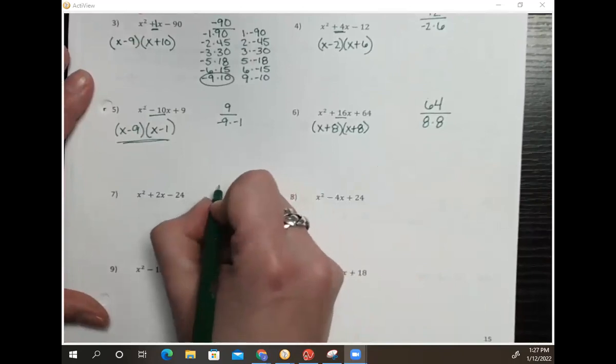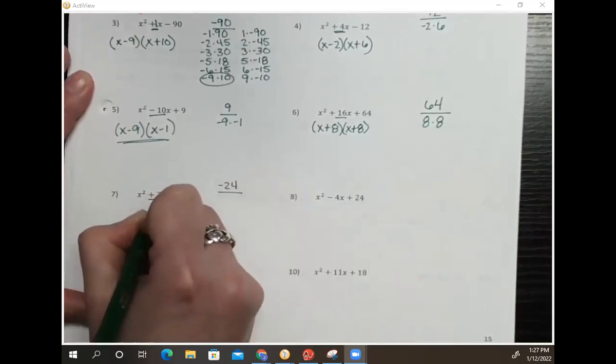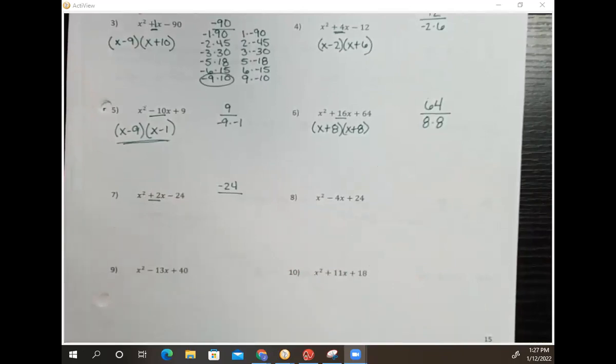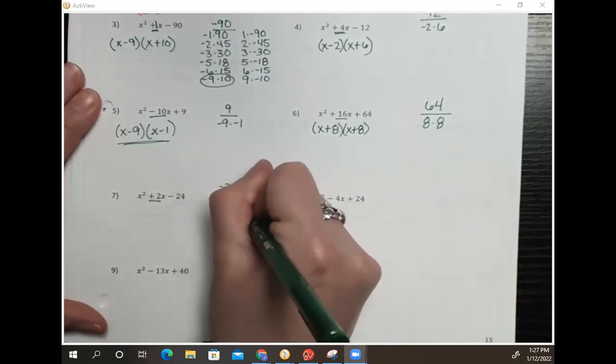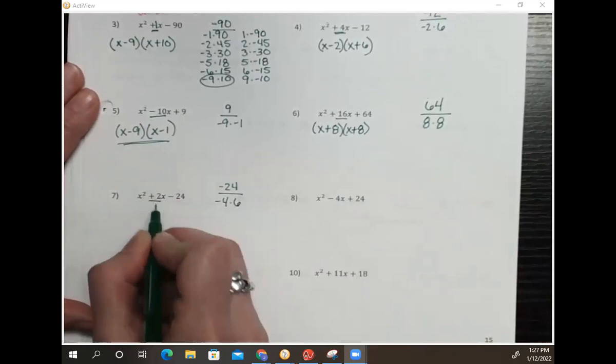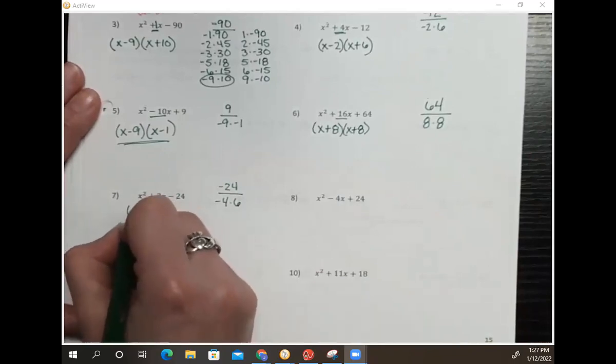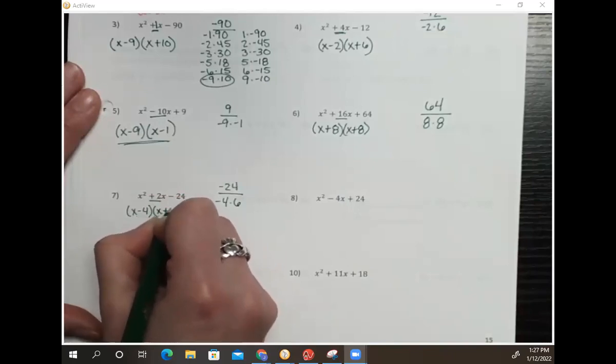Number 7, factors of negative 24 that would add to give me positive 2. Negative 4 times positive 6 gives me negative 24. If I add those numbers instead, I would get positive 2. Very good. This is x minus 4 times x plus 6.